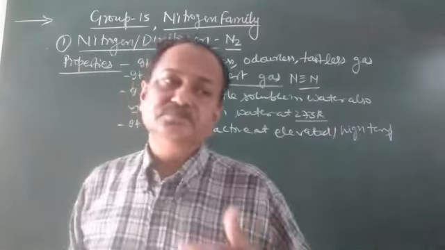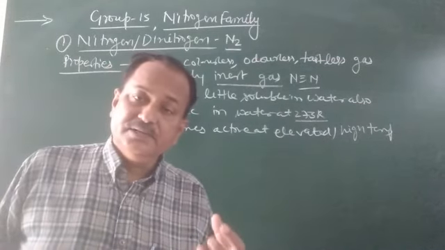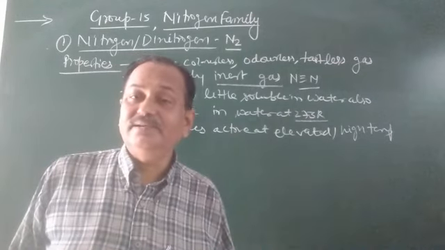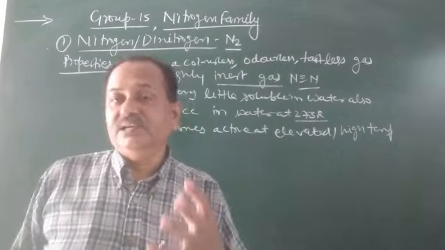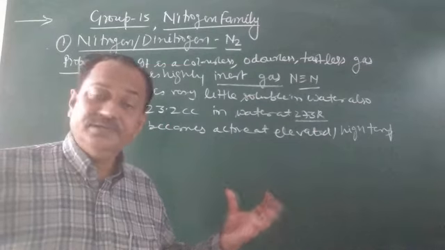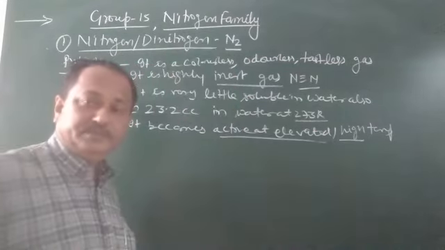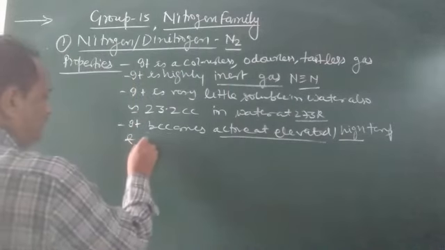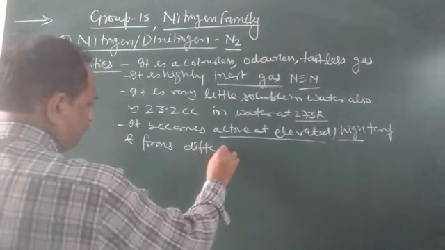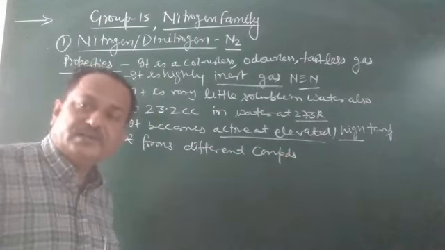You all know the branded biscuits, potato chips and snacks: they are packed in nitrogen. They are flushed with nitrogen gas because nitrogen prevents reactivity as it is inert. So it becomes active at elevated or high temperature and forms different compounds.